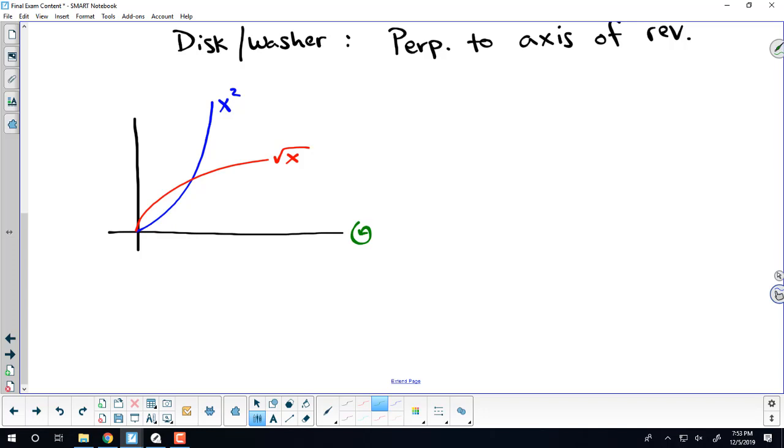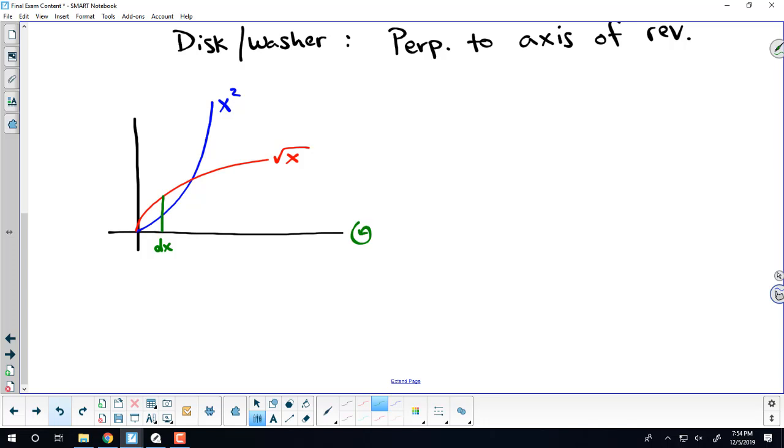My rectangles, slices, elements have to be perpendicular to the axis of revolution. So all of those slices, cross sections, rectangles, whatever, are going to have a thickness dx, and that tells me that my bounds and my function need to be in terms of x.